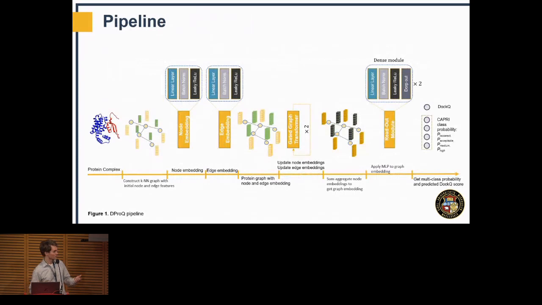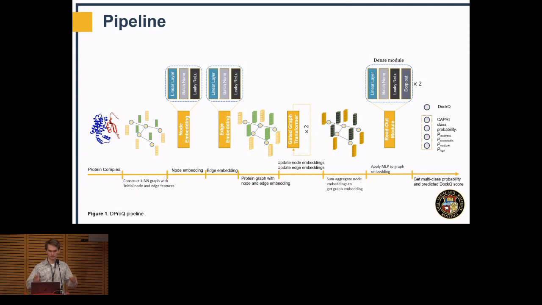So now let's actually talk about some of the method development here. So here's an overall view of the pipeline for DProQA. It takes a protein complex structure as input and encodes it as a two-dimensional k-nearest neighbors graph with initial node and edge features, as we talked about before. Then we perform a node and edge embedding layer. So essentially, we take those initial features and embed them with some linear and nonlinearities.